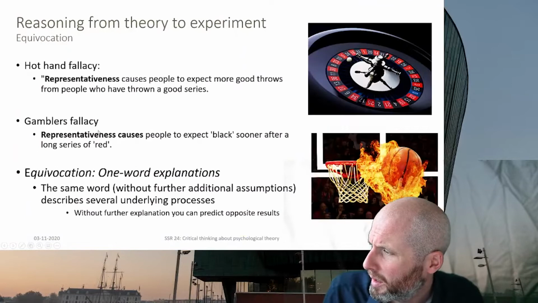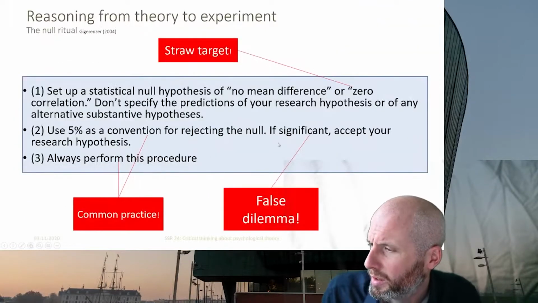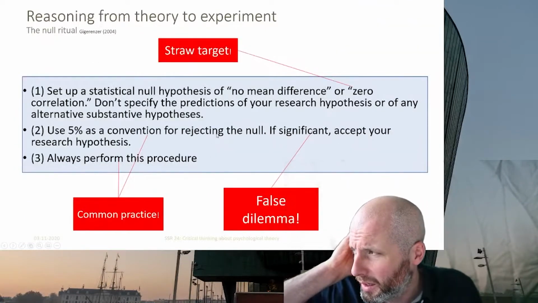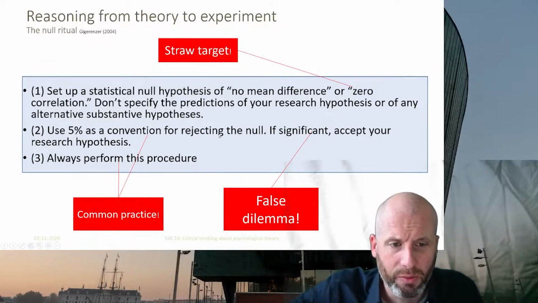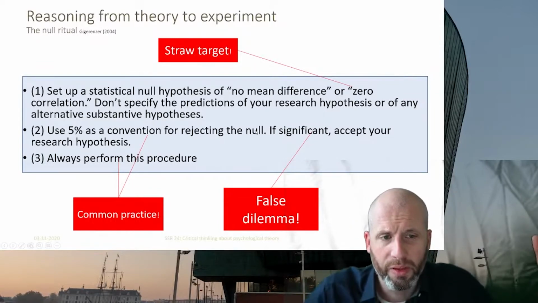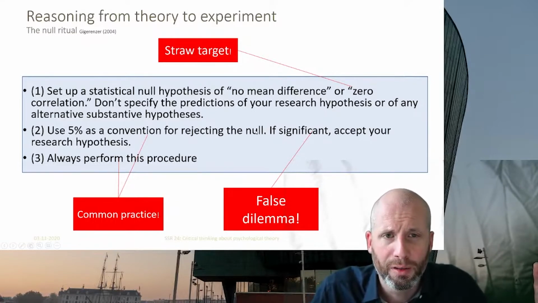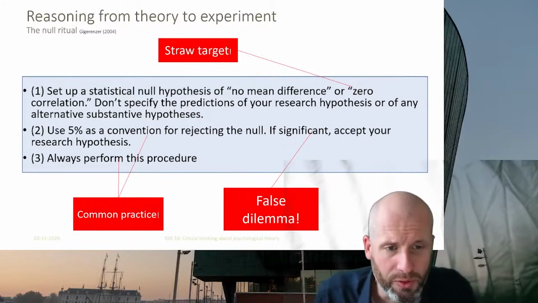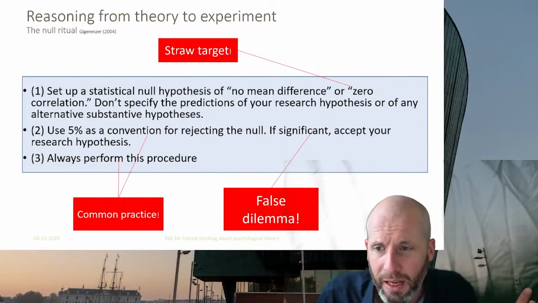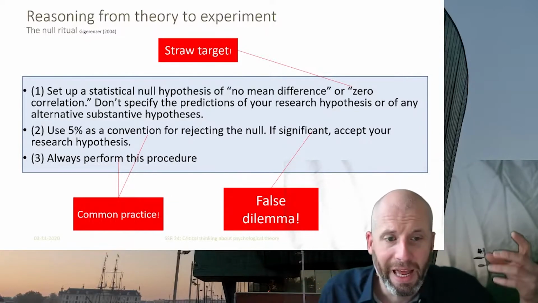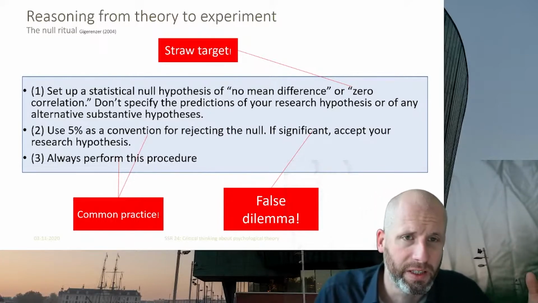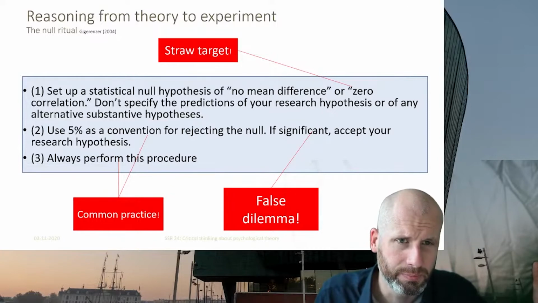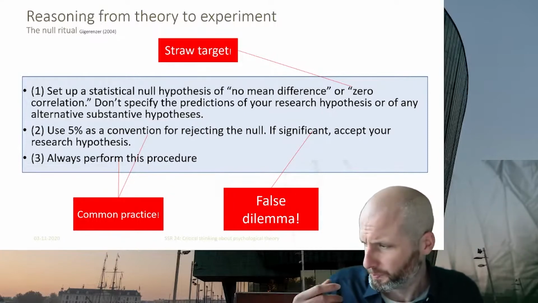So that's why you can call that final step in the null ritual a form of a false dilemma, right? Either I cannot reject my null hypotheses or my theory is right. That creates a false dilemma because there's more options, right? It could also be the case that you can reject a null and your theory is incorrect as well, but some other theory which would have predicted the same difference is correct.